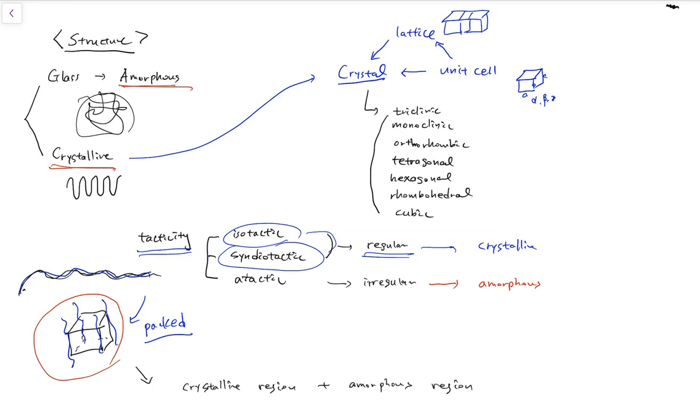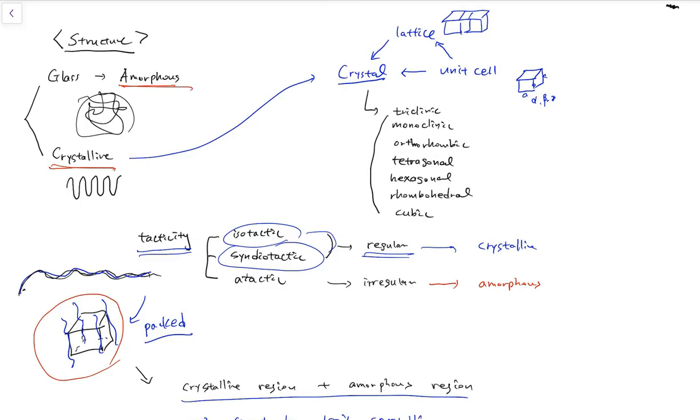The reason is that there are some defects in the crystal structure. It could also be that some side chains or chain ends of the polymer chains disrupt the overall crystalline structure. In other words, polymers cannot be 100% crystalline.